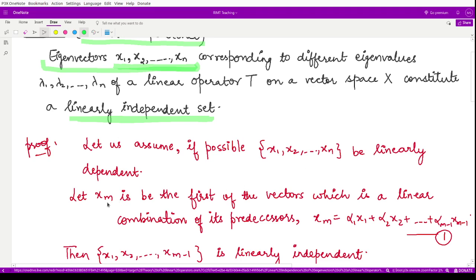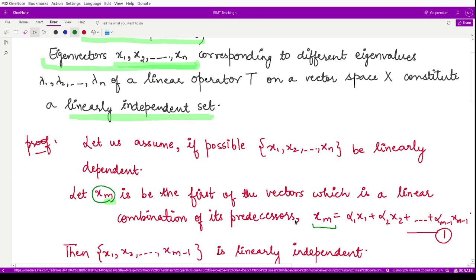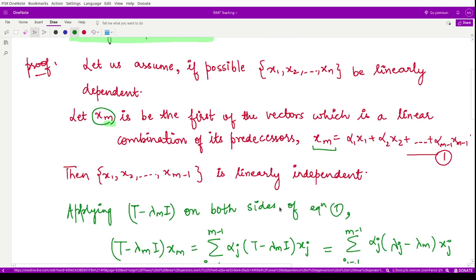So if I denote the index m to be the first index where I can write the element as a linear combination of the preceding elements, xm could be written as alpha 1 x1 plus alpha 2 x2 up to alpha m minus 1 xm minus 1, where x1, x2 up to xm minus 1 are linearly independent, because xm is the first of the vectors which is linearly dependent.